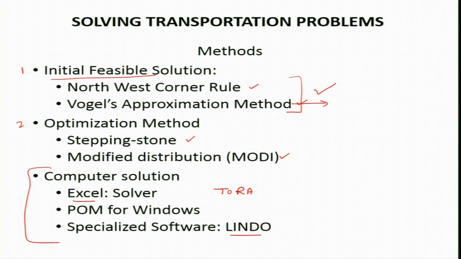Many times the initial feasible solution arrived by Vogel's approximation method is optimal. It is also popularly called the VAM method. So, let us see first the northwest corner rule and then Vogel's approximation method.